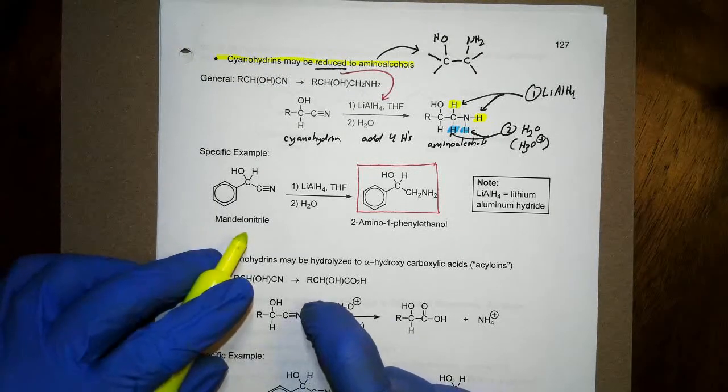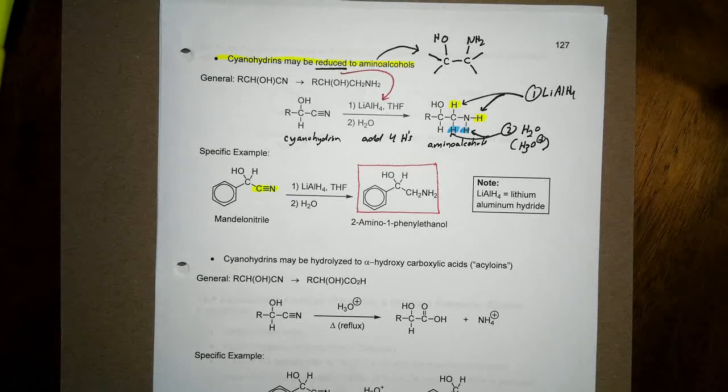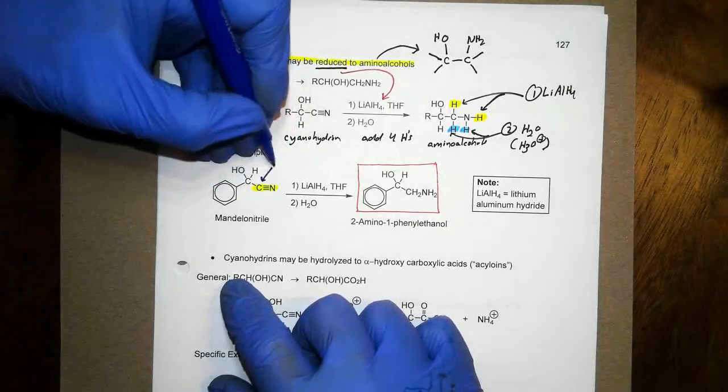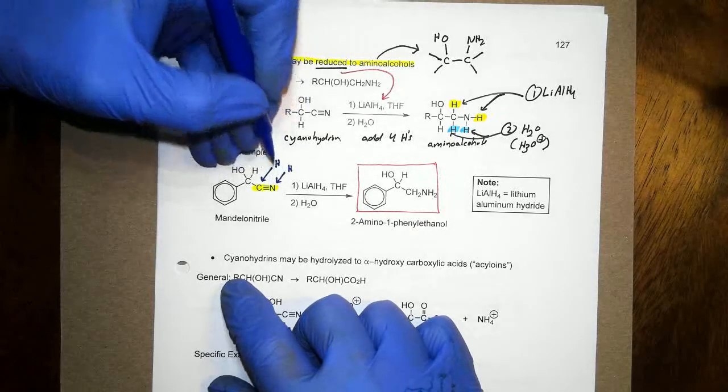You have a cyanohydrin, but really, it's only this part of the molecule that anything is taking place. What do you need to do? You need to completely break those pi bonds and replace each and every one of them with hydrogens. So you're going to install hydrogen on this carbon, you're going to install hydrogen on that nitrogen. And remember, that's where the lithium aluminum hydride is important, because it does that.